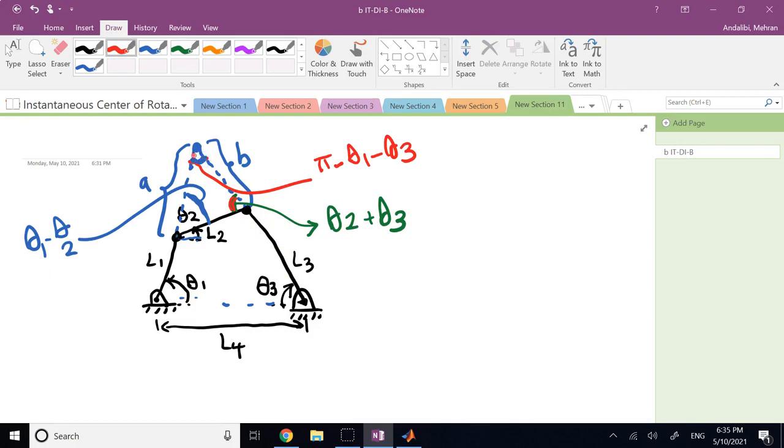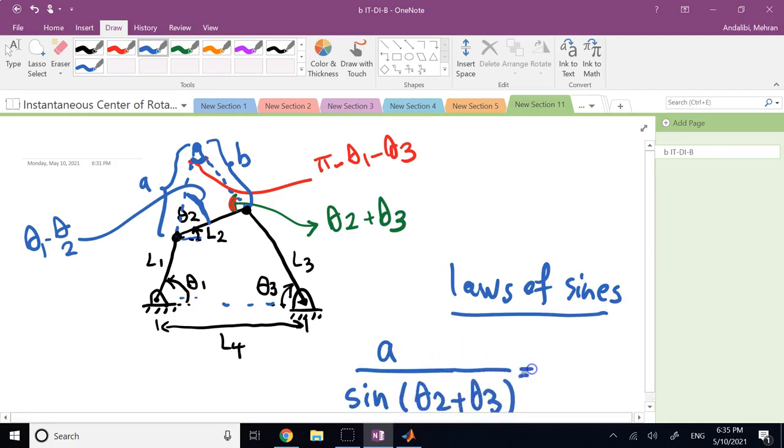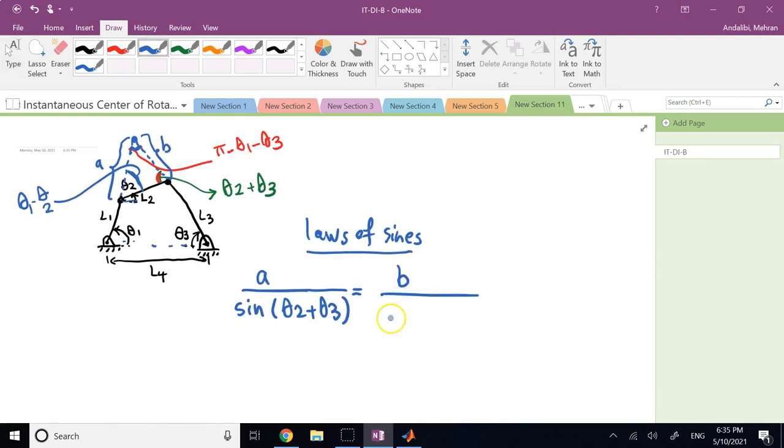Good. And now it's not hard to do the law of sine or cosine. So if I use the laws of sine, which is in this case easier, it says length A over the sine of angle in front of it, which is theta 2 plus theta 3, which I know, equals B over sine of angle in front of it, which is theta 1 minus theta 2.